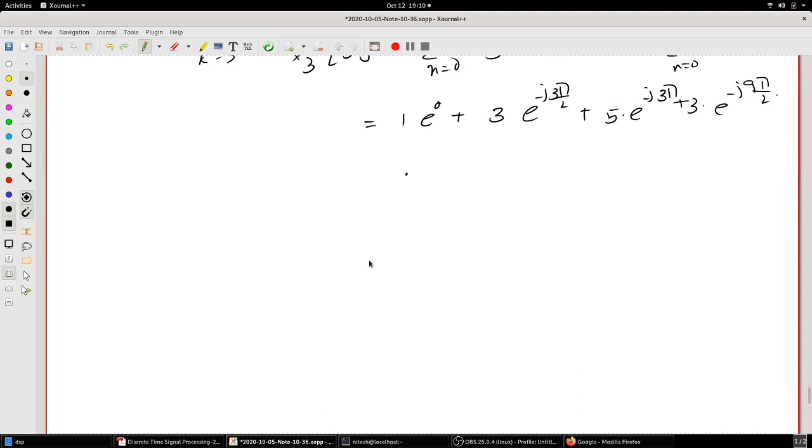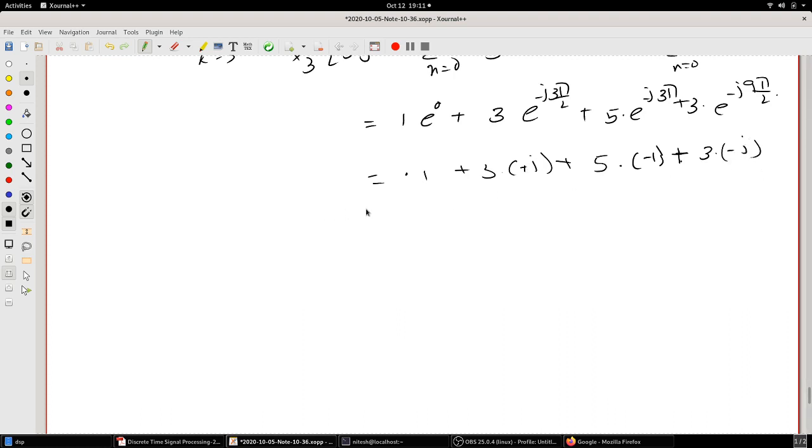So what happens here is this is 1 plus 3 into minus j plus 5 into minus 1 plus 3 into minus j becomes plus j. Okay, so this is 3 into minus j.